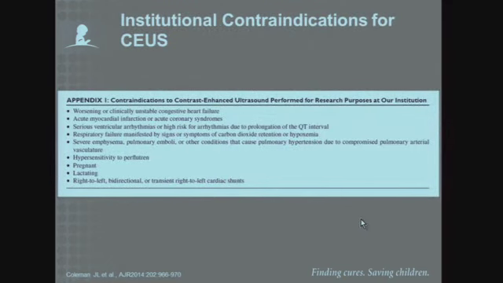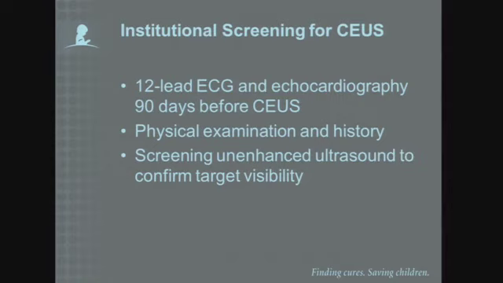At the time that we were performing these studies, the black box warning was in effect, and so our own institutional contraindications for the use of contrast ultrasound mirrored those on the black box warning. So we required all of our patients to undergo a 12-lead EKG and echocardiography to exclude right to left shunting and any underlying cardiac abnormality within 90 days before undergoing contrast ultrasound.